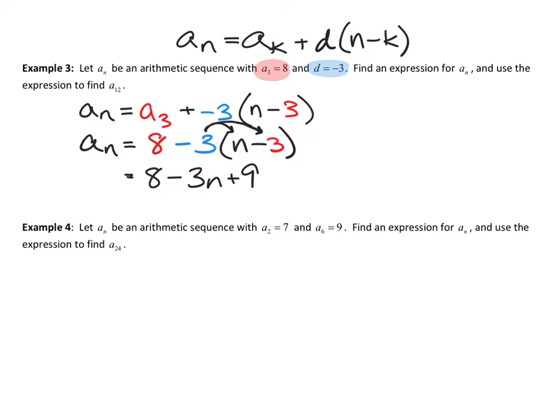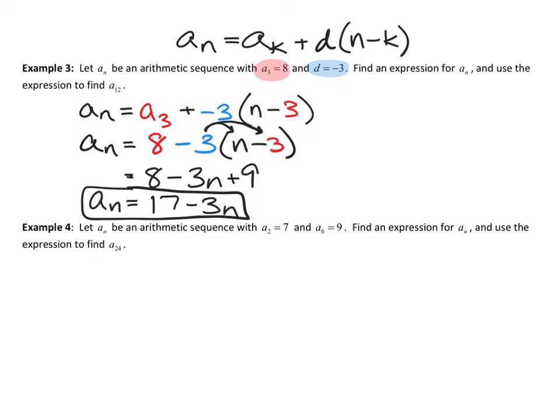We write it with the initial value first. So I'm going to simplify the 17 in the front and have it be 17 minus 3n. And I know for slope-intercept form, we usually put the slope first. But for sequences, we flip that order. We put the initial value first and then the slope second, or the common difference in this case. Did we follow? Okay, cool.